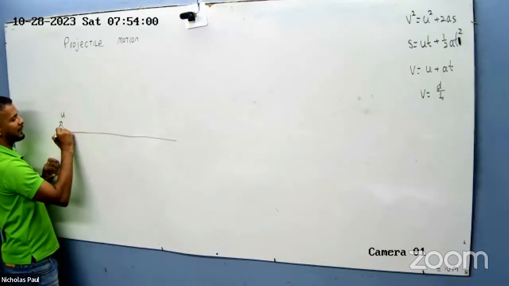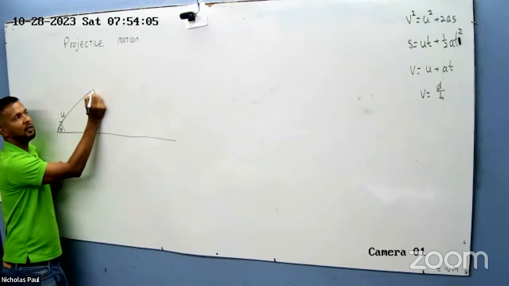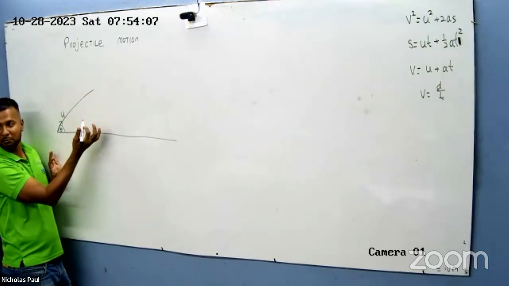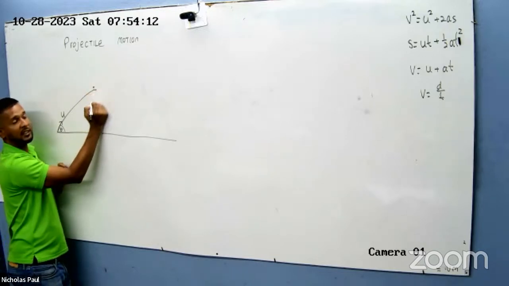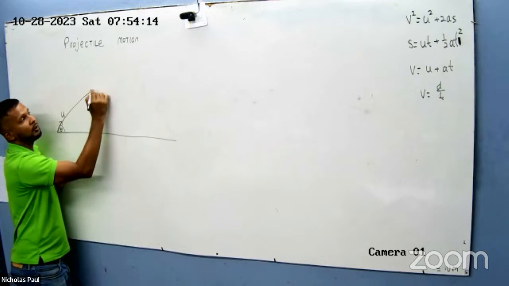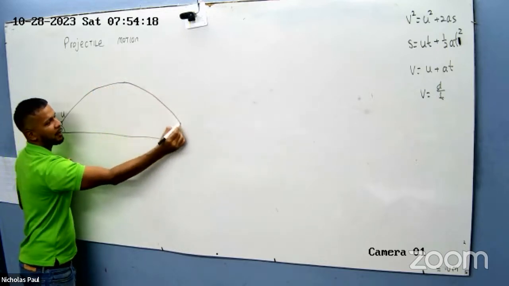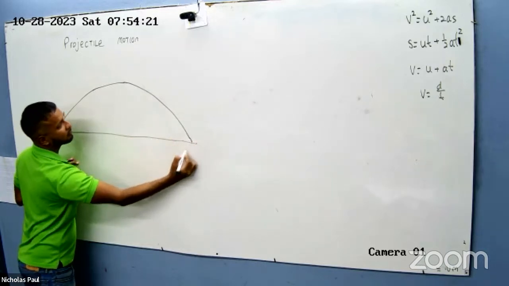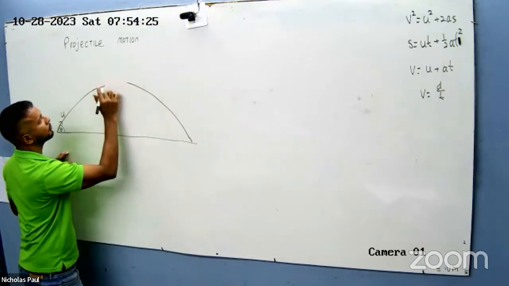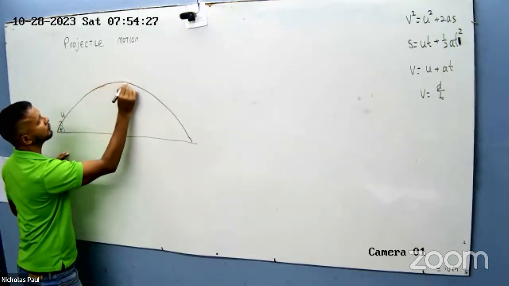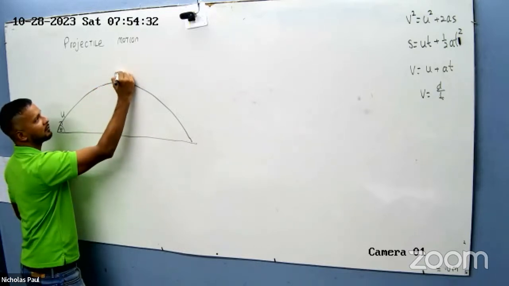As the particle moves, it has a change in displacement, horizontally and vertically. Everywhere you go, if you go up here, it will reach some maximum height and then start to come back down. Somewhere here looks like maximum height, right?